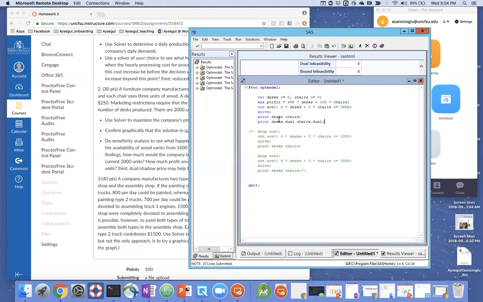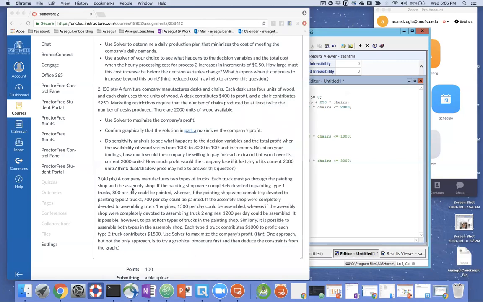So if you print the dual, sorry, the dual is for the constraint, and the reduced cost is for the objective function. If you print the dual for the constraint, it will tell you the additional increment of the objective function if you increase the right-hand side of a binding constraint by 1.